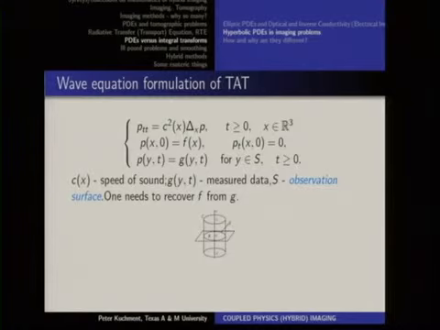Here is the picture: this is the time line, and this is the space, you have this cylinder, this is the observation surface, and this is the time variable. So your function P of x,t, you measure on the side walls of this cylinder. And what you want to discover is to recover the initial condition.